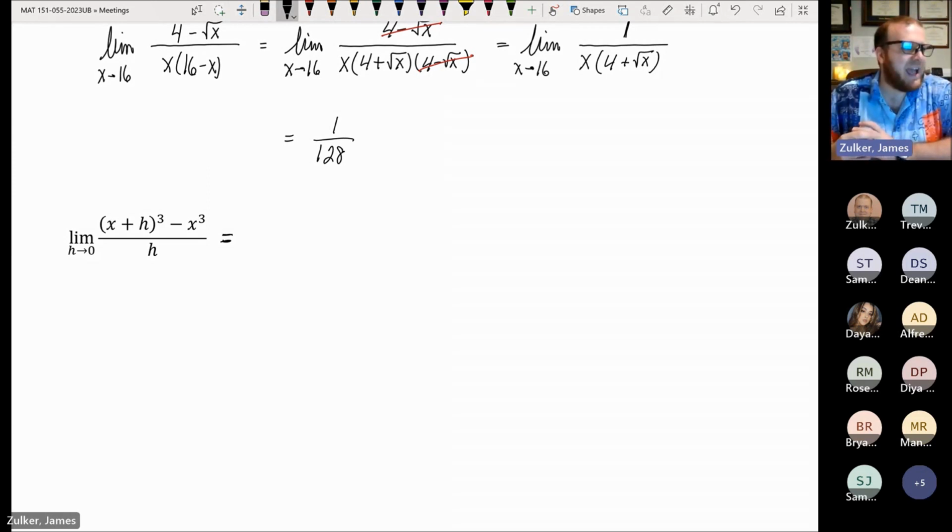Expanding out x plus h cubed, well, those who took me for pre-calculus should know this. This should be a very simple matter.